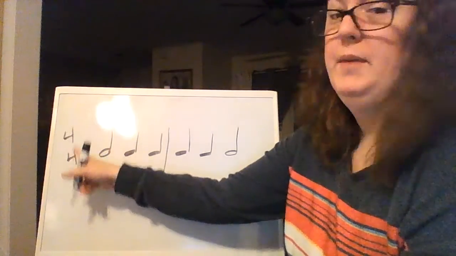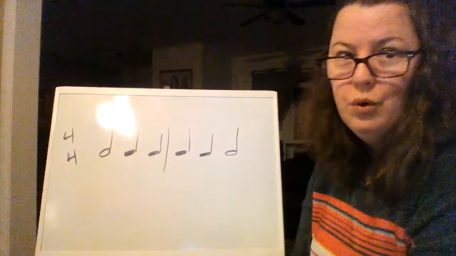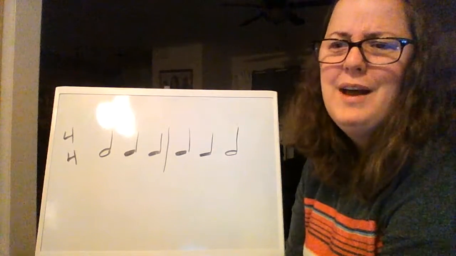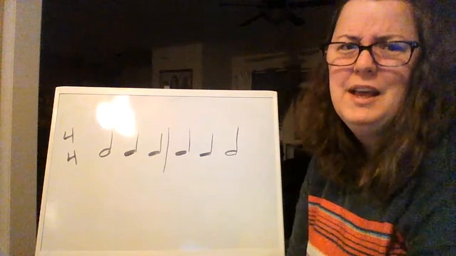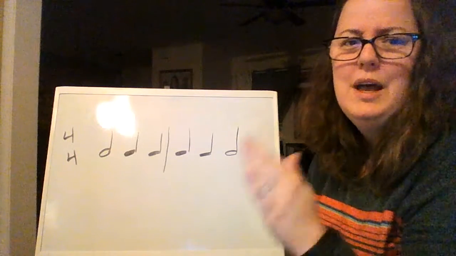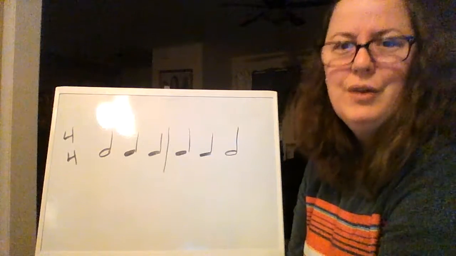We still have 4 beats in a measure right here, and the quarter note still equals 1 count. Always look at your time signature first. The time signature is at the beginning of every single piece of music. It's right next to our treble, alto, or bass clef. So this is really important that we look at that first.